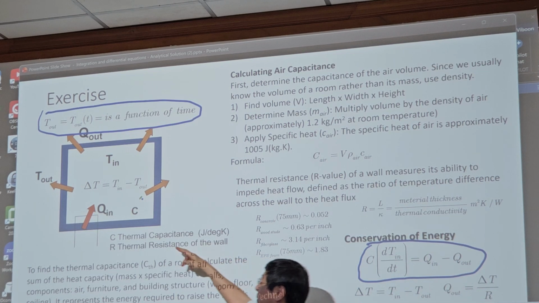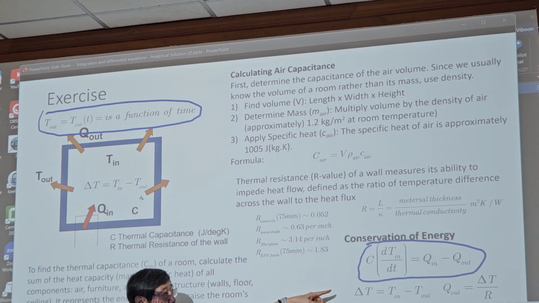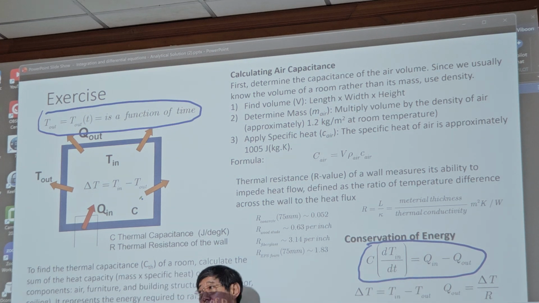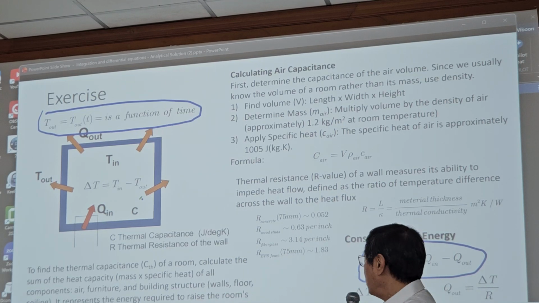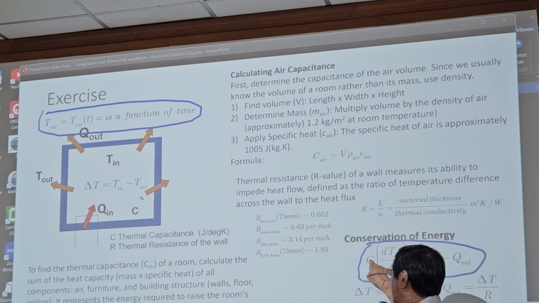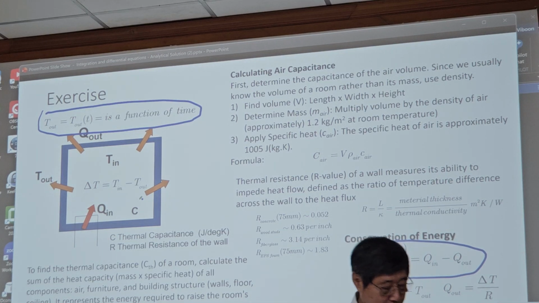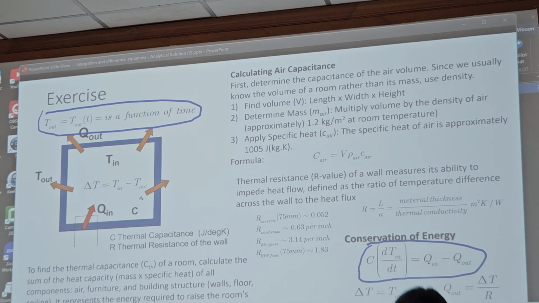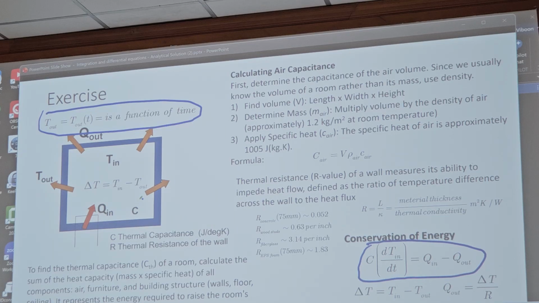Q in is the input, and Q out is the distribution, right? So you have C. What does it mean by C? I gave you this number. C stands for thermal capacitance.